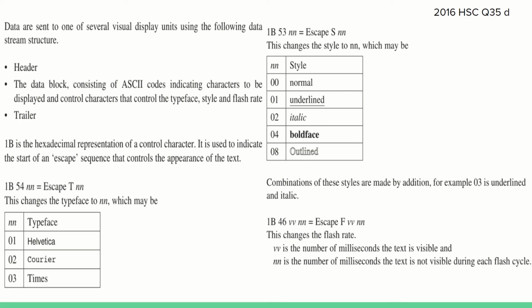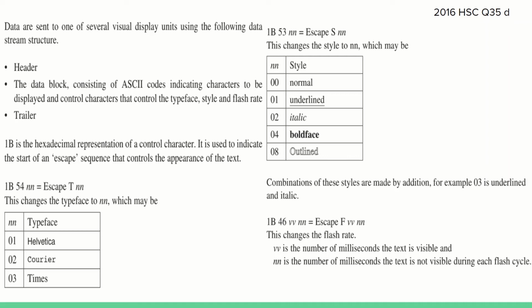Now, it also adds in if the word or letters flash. If it's visible, so VV, that's how long it's visible, and then NN is going to be when the text is not visible. So it's telling you that there's a font or a typeface, different styles, and then it's going to flash.